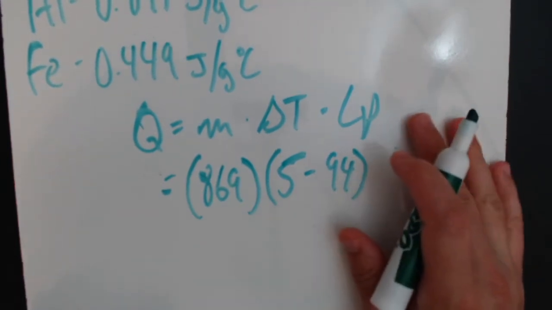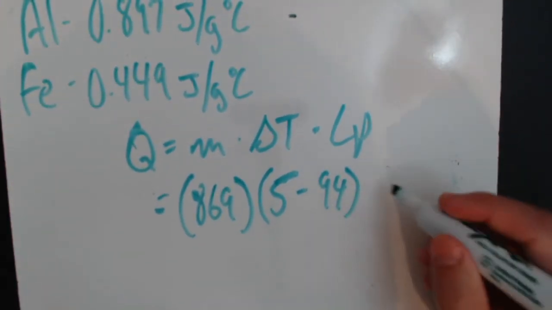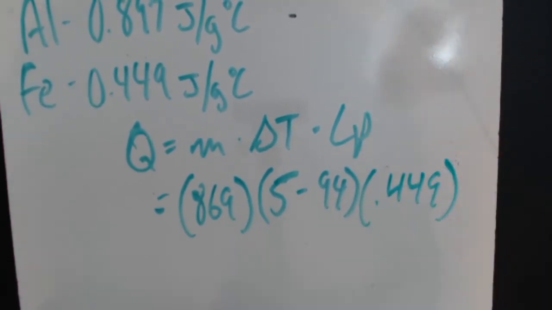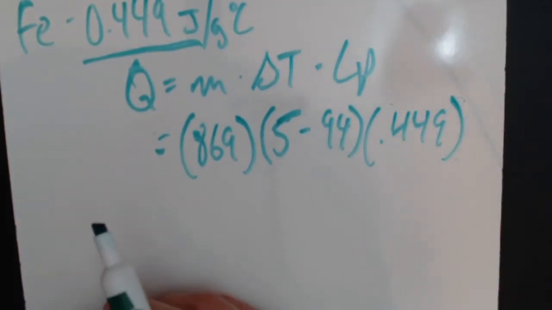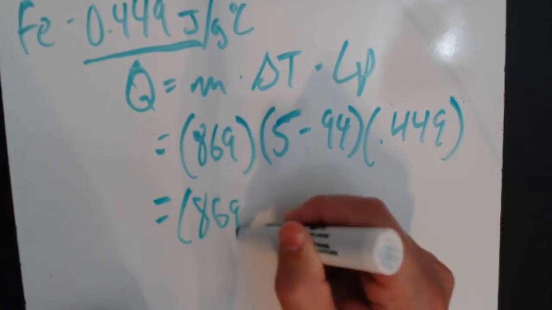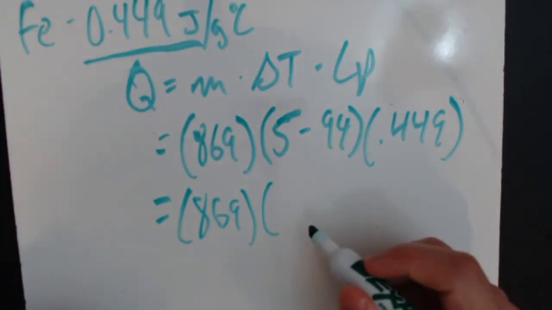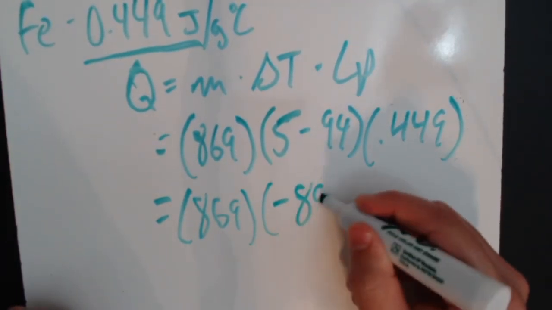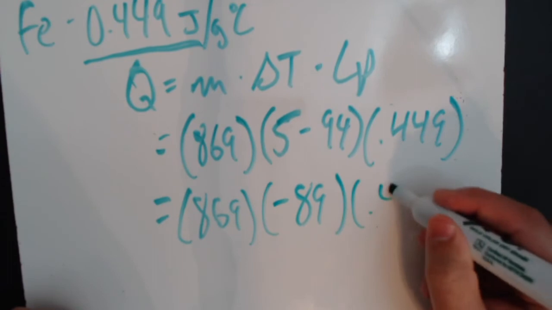Times the specific heat, and I wrote it down from the previous page, 0.449. Again, I'm just pulling this number from that table that was on our previous slide. So, just like the previous one, it's just a matter of doing some simple math here. 869 times 5 minus 94, which is negative 89, times 0.449.